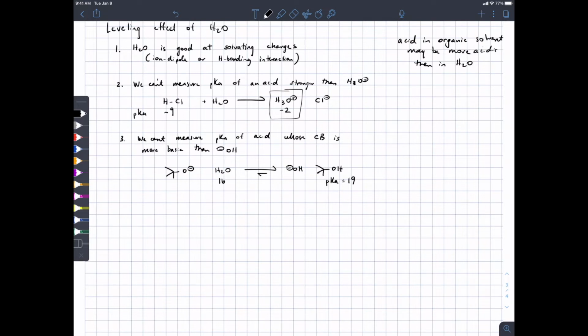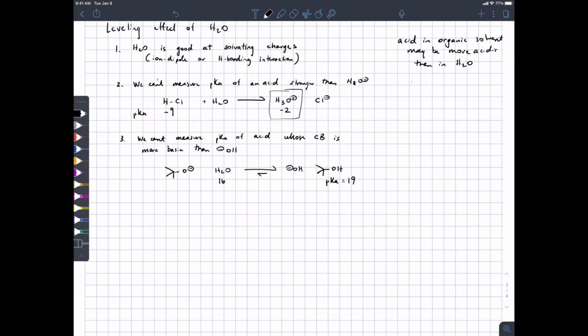Because maybe its pKa is less than -2, so in water you don't feel the full effect of the acid. But if you go in organic solvent, maybe you do. Alternatively, an acid in organic solvent may be a lot weaker because water is good at solvating conjugate bases. And if you don't have that option, maybe something gets even more or even less acidic.